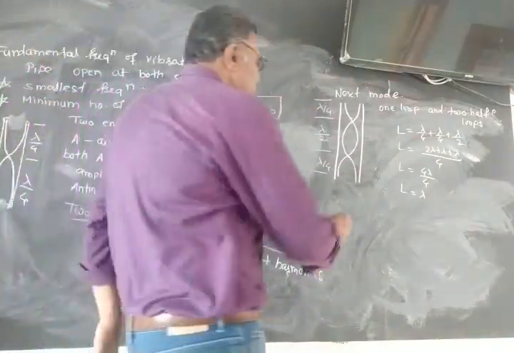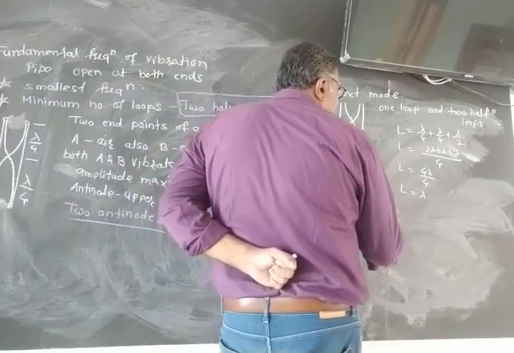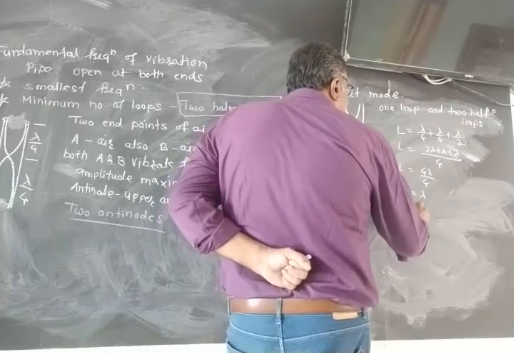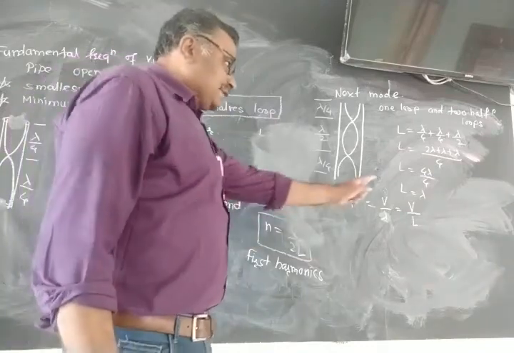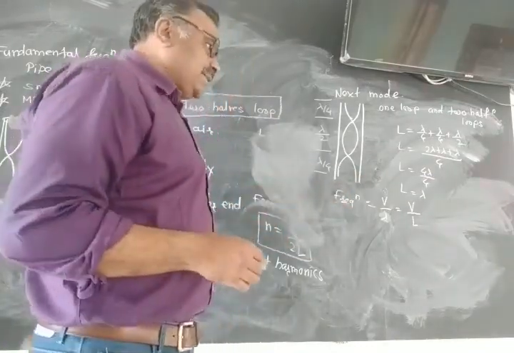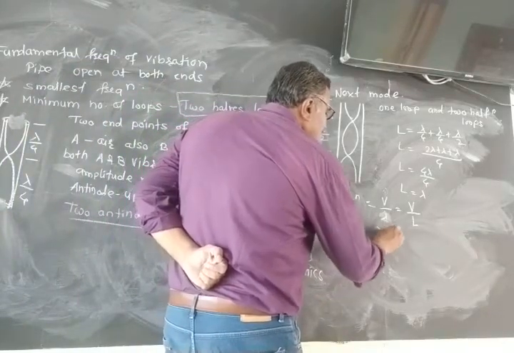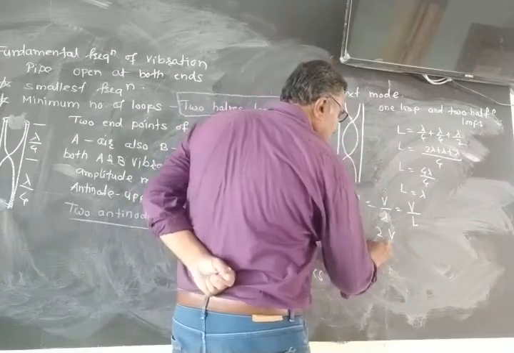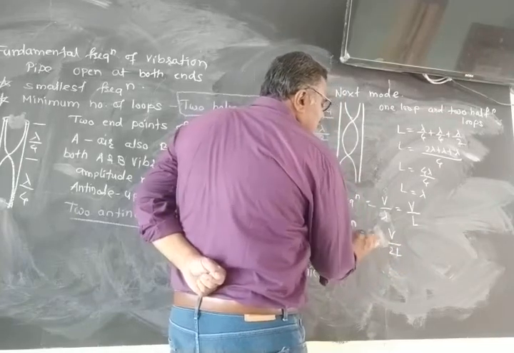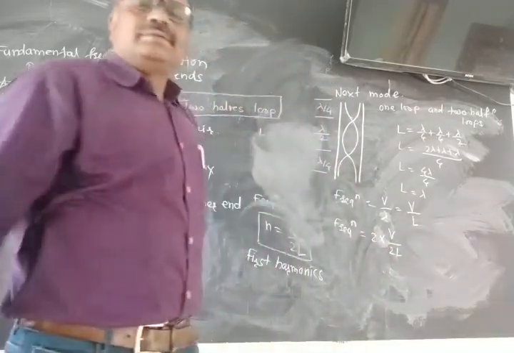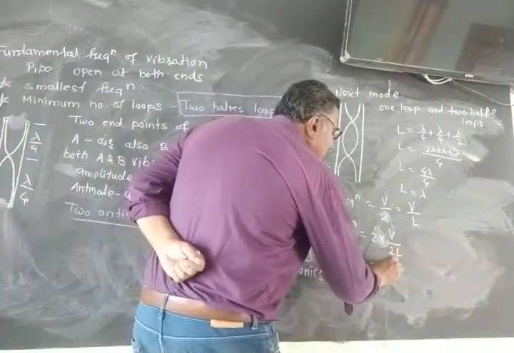Therefore, this frequency of vibration is equal to v upon lambda. Now substituting the value we get v upon L. Now to express this frequency in terms of fundamental frequency, we multiply numerator by 2 and denominator by 2 so that we get 2 times v upon twice L. This frequency is equal to 2 times the fundamental frequency.